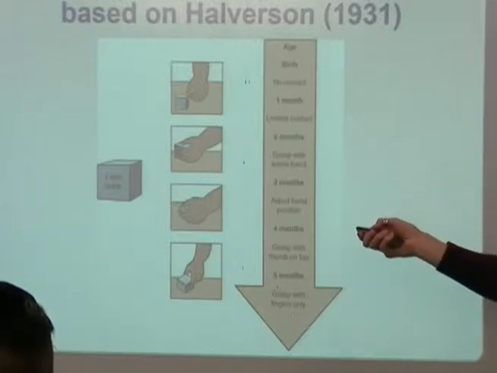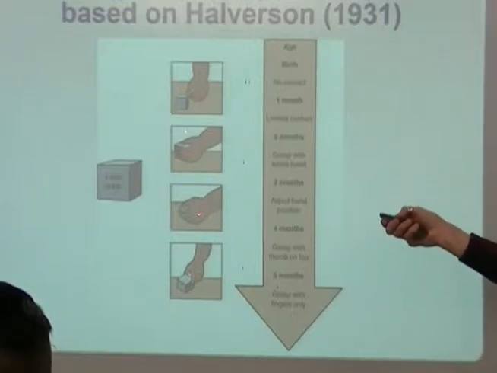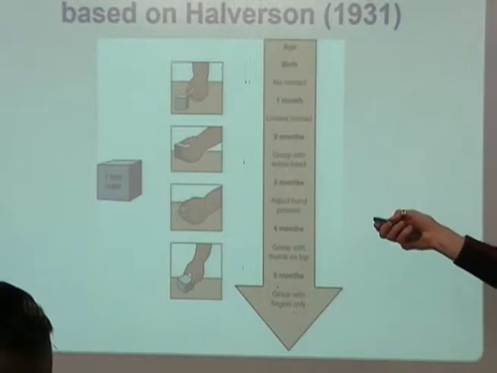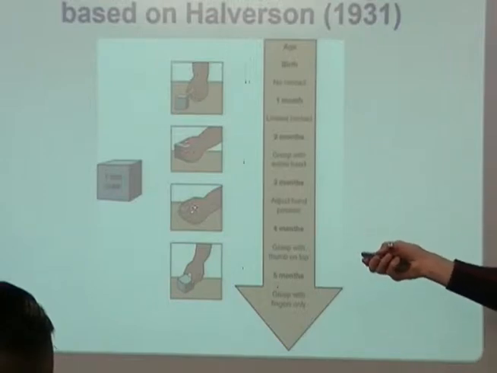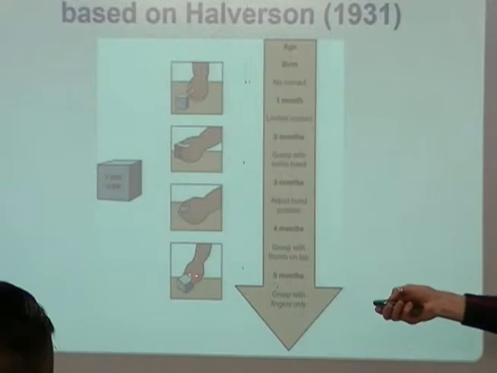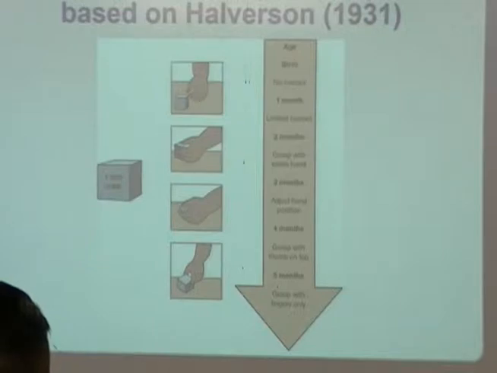So here, these would be considered power grips, right? See, the palm is in touch. And here we start to see a transition to a more precise grip, a precision grip, right? A pincer, forefinger and thumb.